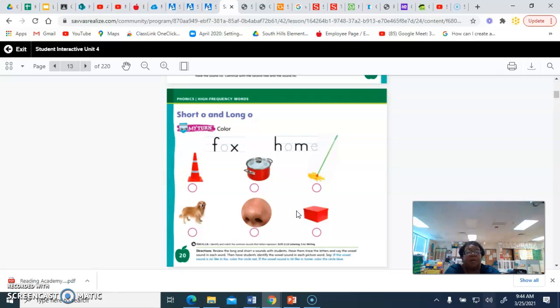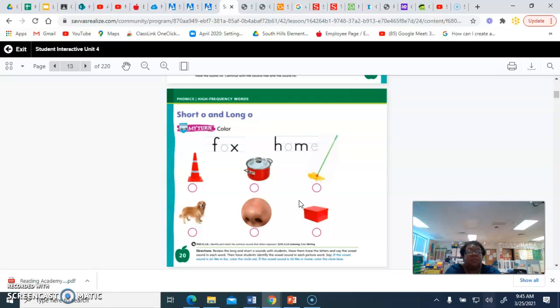R is going to have the ah sound, like fox. B, for blue, is going to be the O sound. So when you color your circle, red will be ah, blue will be O.